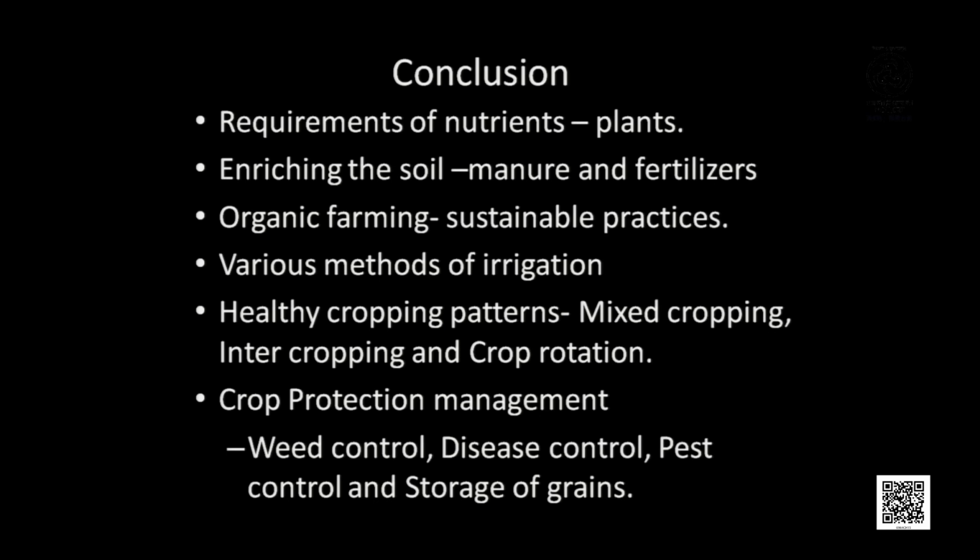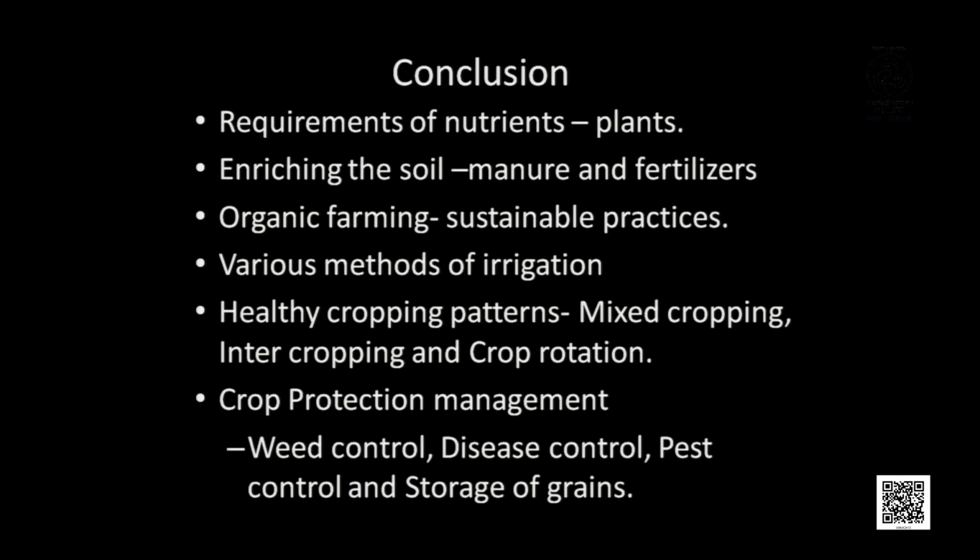Second, we can enrich the soil by using manure and fertilizers, and organic farming should be encouraged for sustainable practices. Various methods of irrigation are wells, rivers, canals, but for sustainable practices, we should encourage rainwater harvesting.